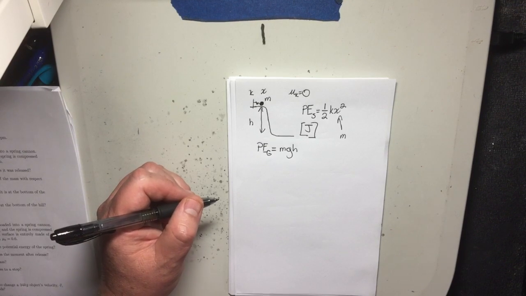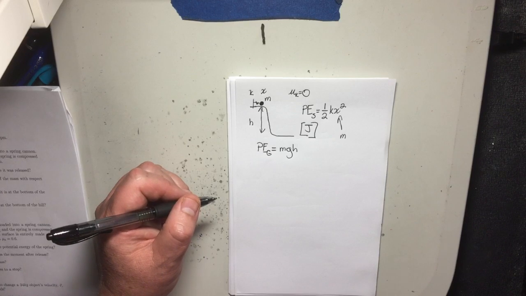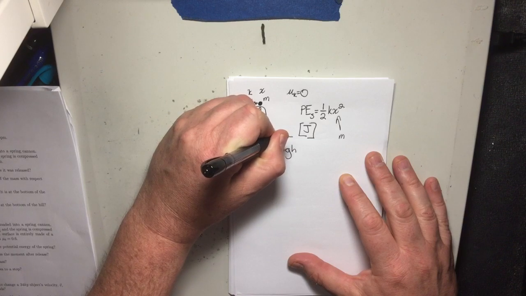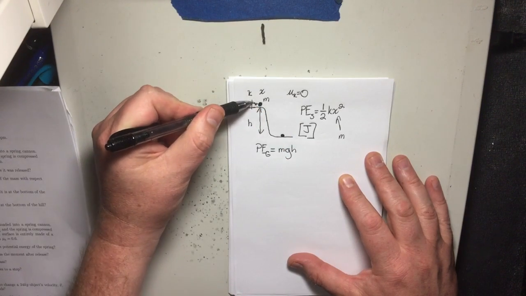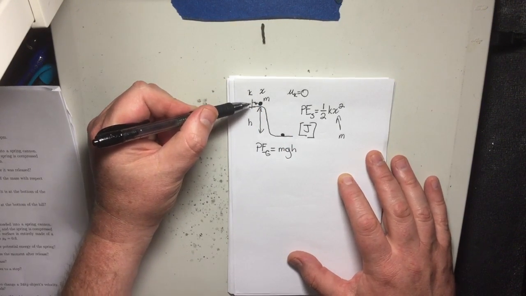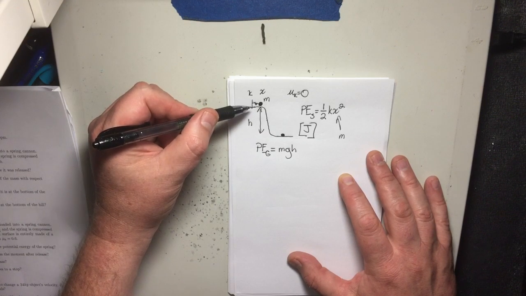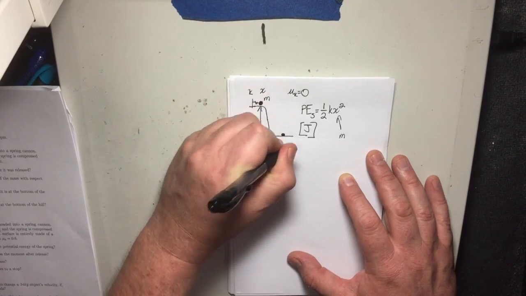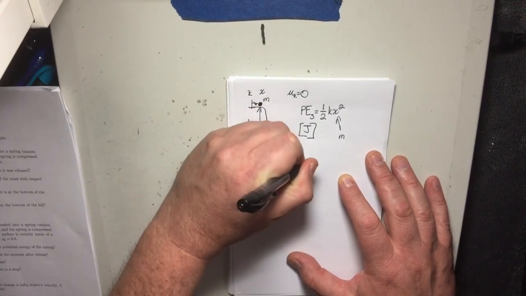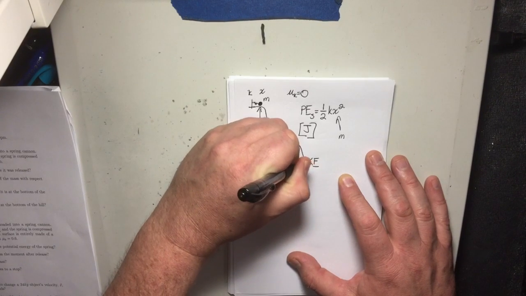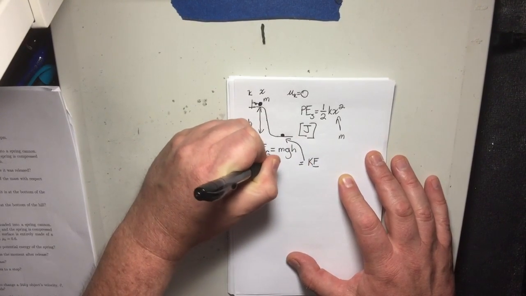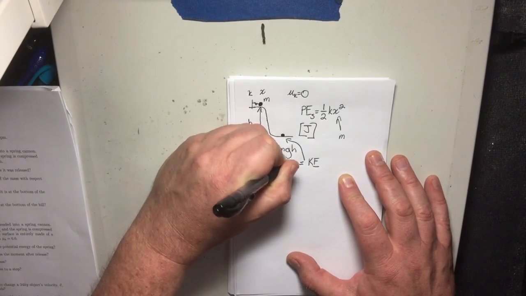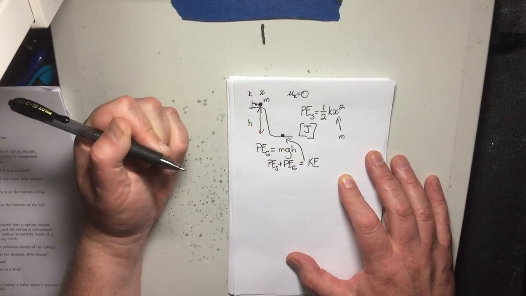Now, what is the kinetic energy of the mass when it is at the bottom of the hill? At the bottom of the hill, what do we know? That the spring has decompressed. So this kinetic energy is equal to the potential energy of the spring plus the potential energy of gravity.